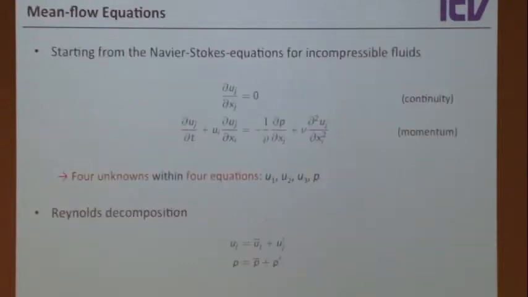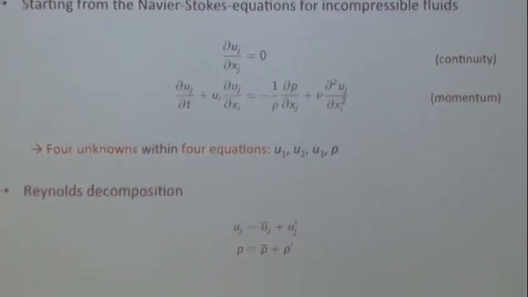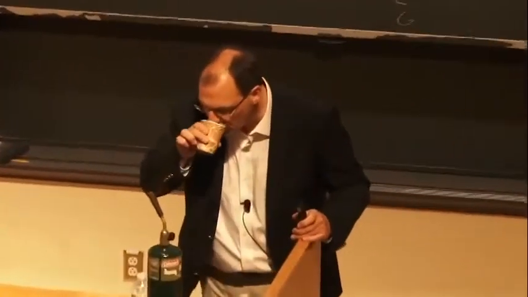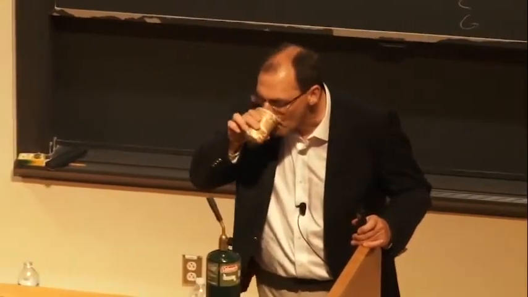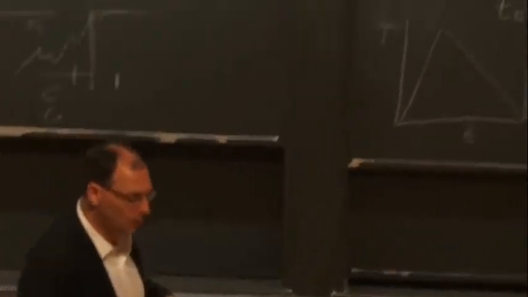Let's skip this. Okay, so we defined a mean flow, and we defined a mean velocity, and so this means now we can also derive equations for the mean velocity. And the way we do this is we have defined an averaging operator.